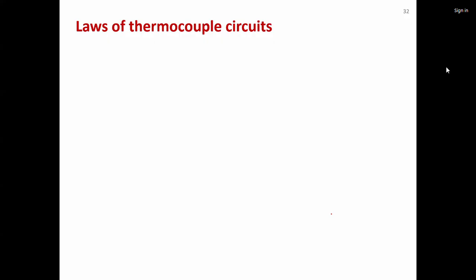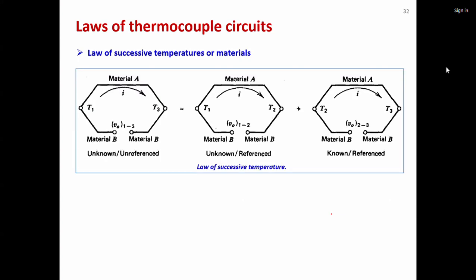Then you have law of successive temperatures or materials. So law of successive temperatures tells that if I have material A and I have material B and my temperatures are T1 and T3, whatever output I get, let's say it is V0,1,3, then I can have another scenario where I have material A and material B, but the temperatures are T1 and T2.